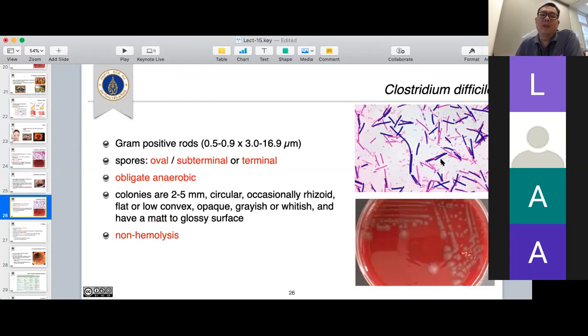Also, same: if you do not see spore easily, and you see the gram variation, you probably need to think about long cells or short cells. C. difficile itself is non-hemolytic on blood agar. The colony shape does not help much for identifying species.